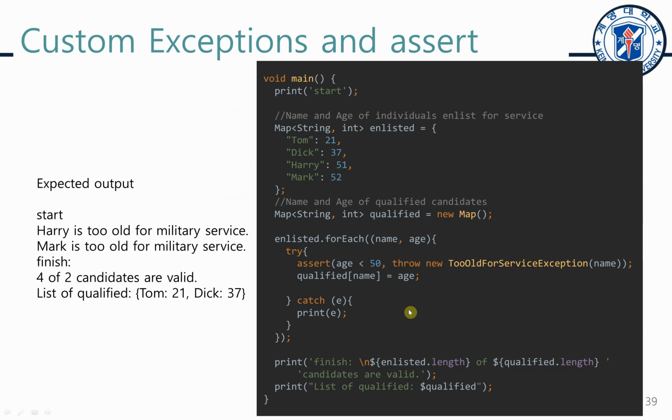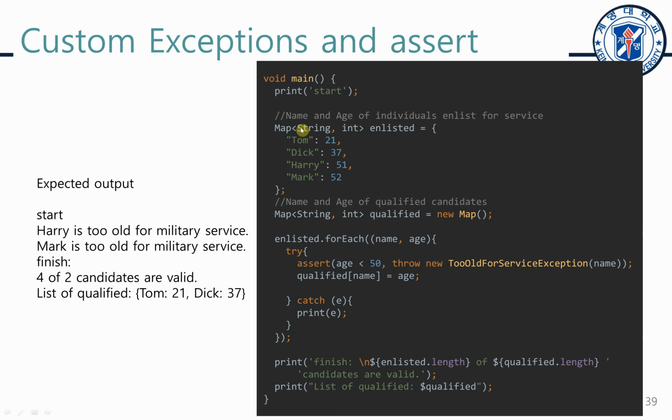So let's take a look at our example that makes use of this assert statement and the try-catch statement on our own exception. We create our main program, and then we create a map of a person and their age.